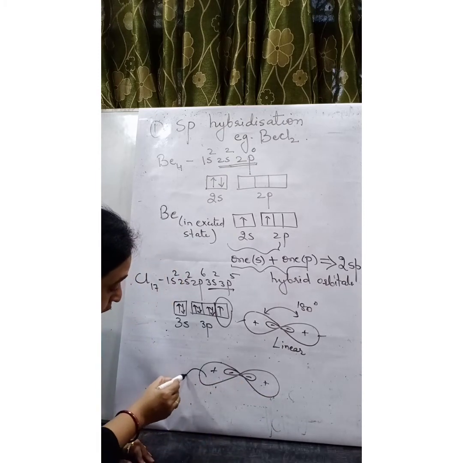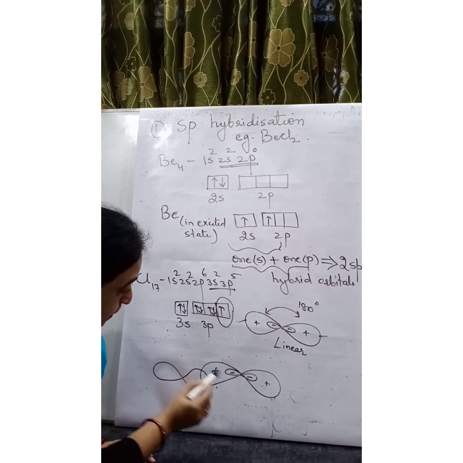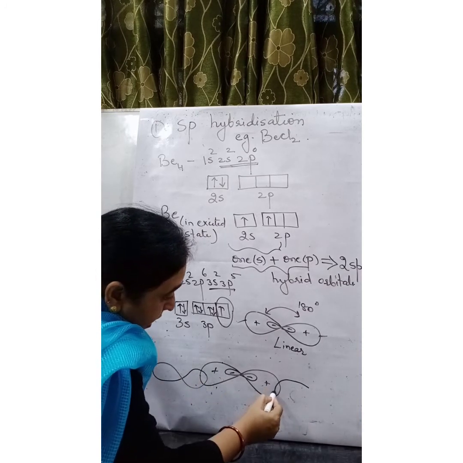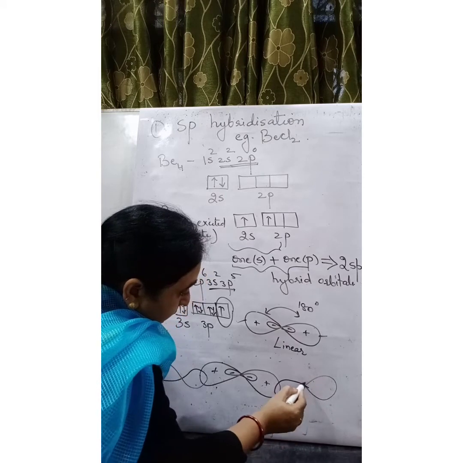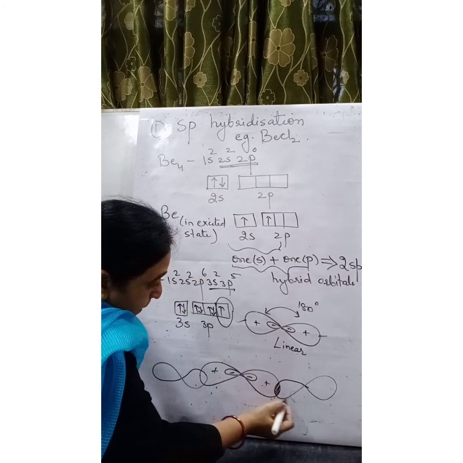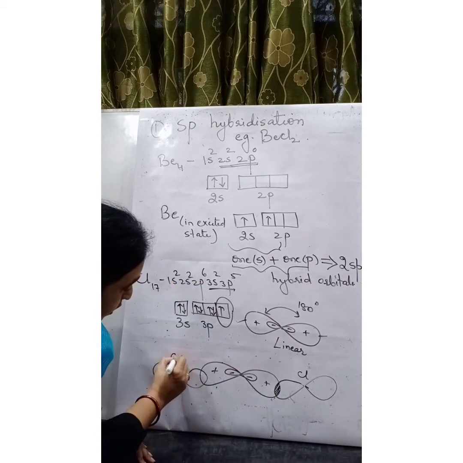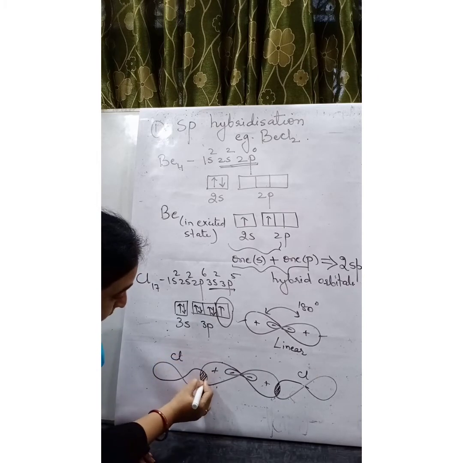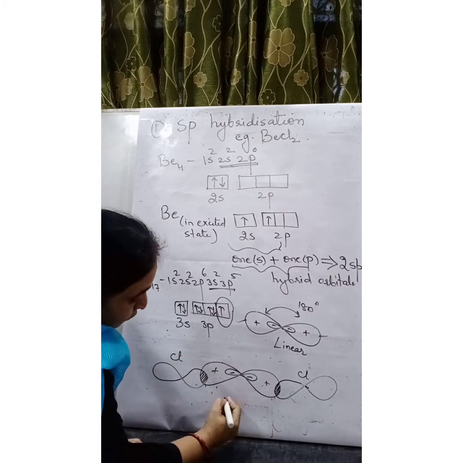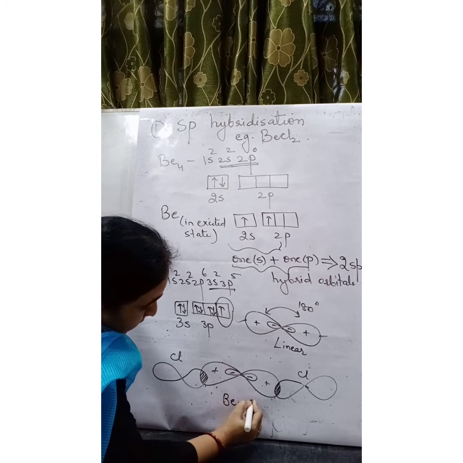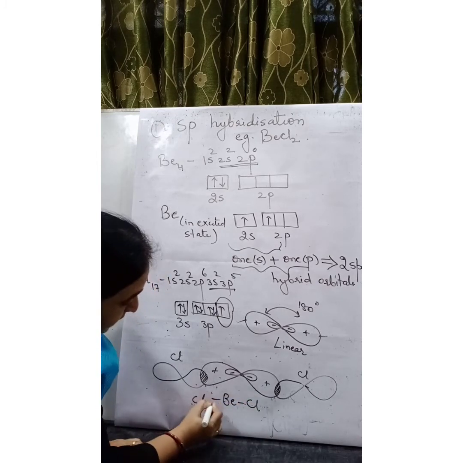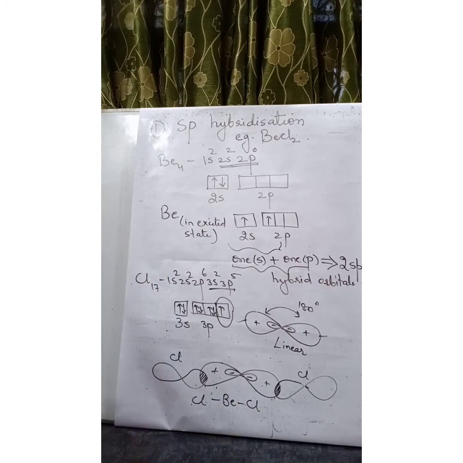Now the p orbital of chlorine, you know the p orbital has a dumbbell shape. So overlapping, this is for chlorine, this is also an orbital of chlorine, and it results in the formation of BeCl covalent bonds whose geometry is linear.